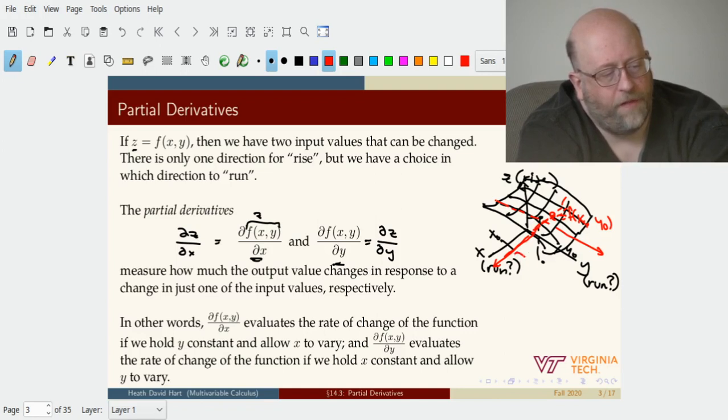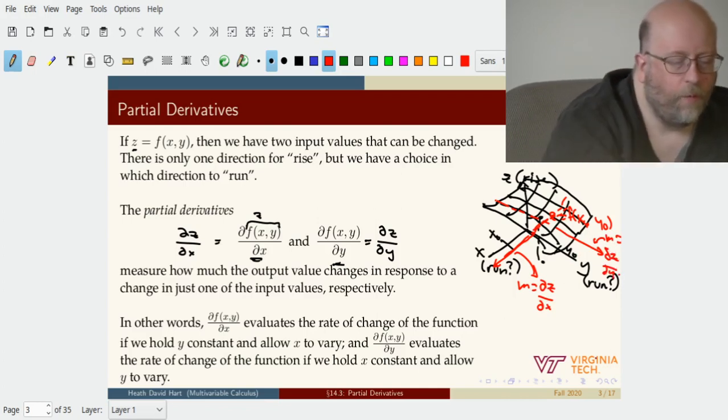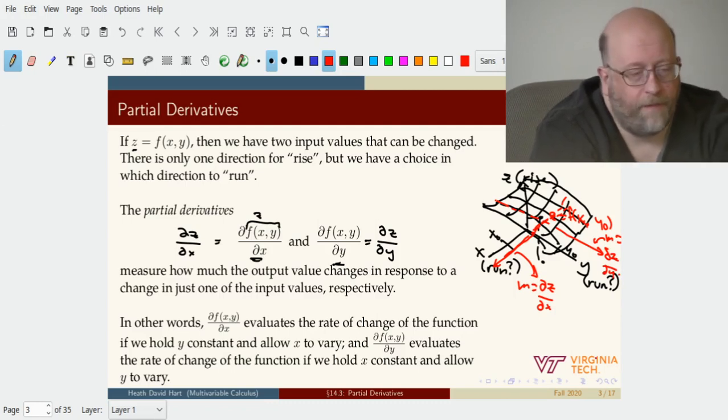And the slope of this tangent line is the partial of z with respect to x. And the slope of this tangent line is the partial of z with respect to y. We'll do some examples in a moment, and I hope this will be a little clearer.